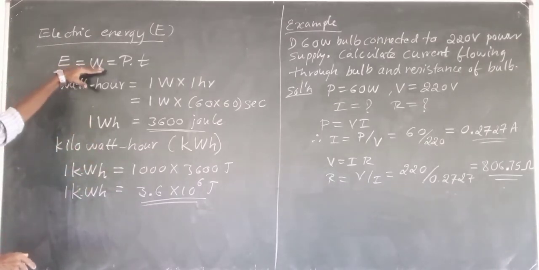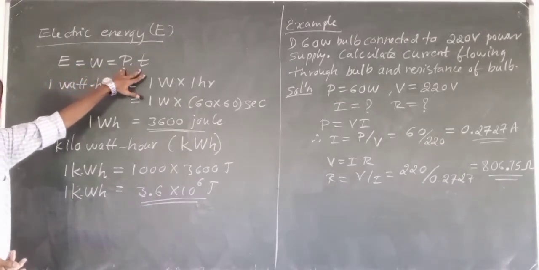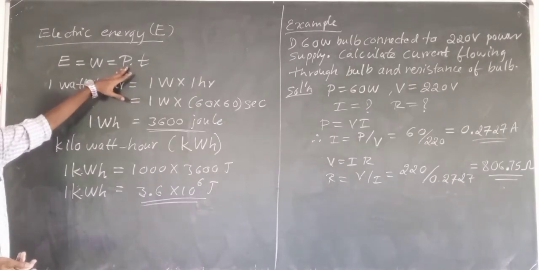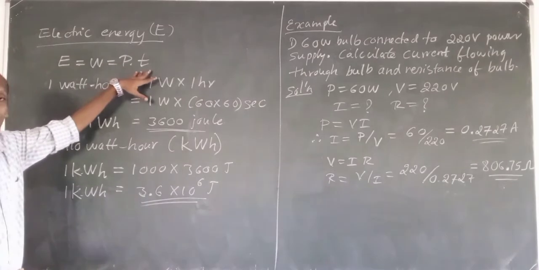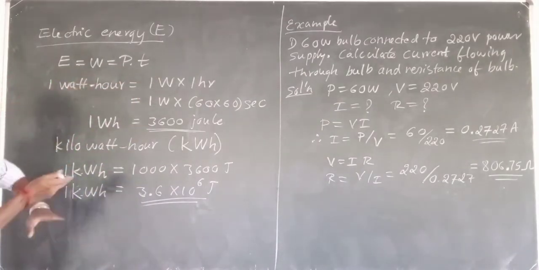E is equal to work done, that is equal to P into T. We know that power is nothing but work done per particular amount of time. So we have rearranged the things.